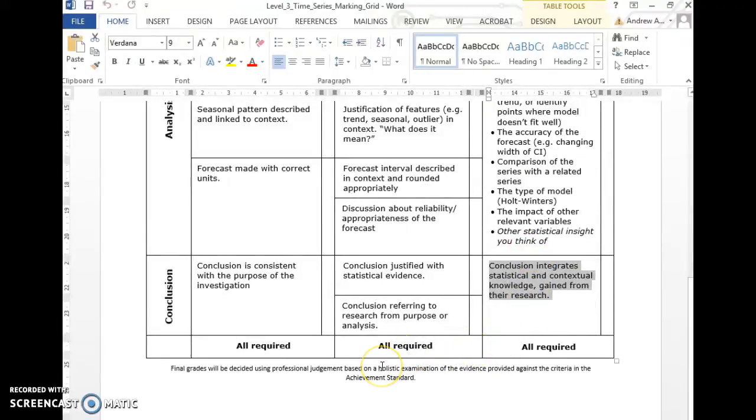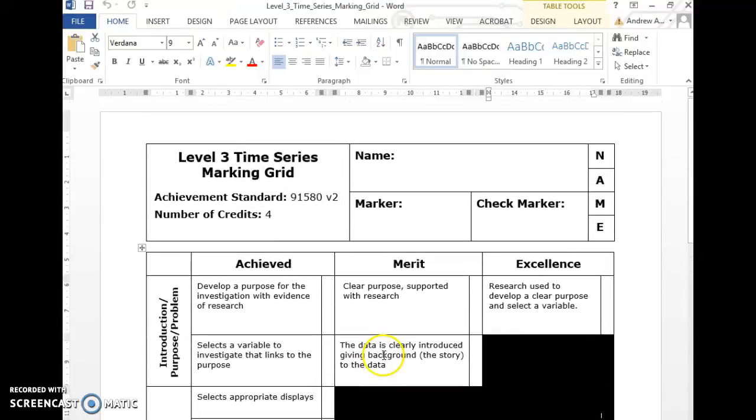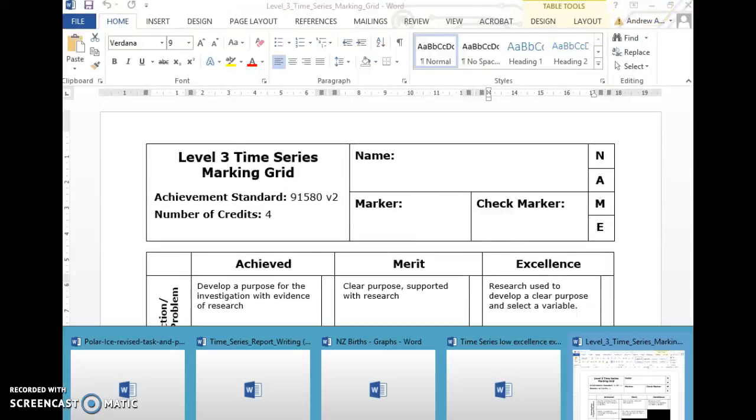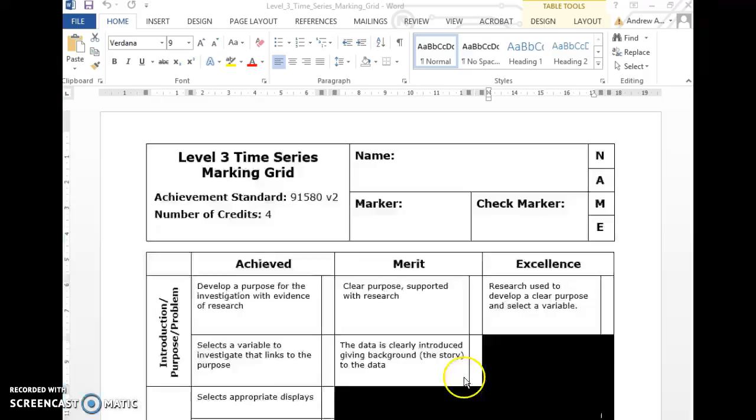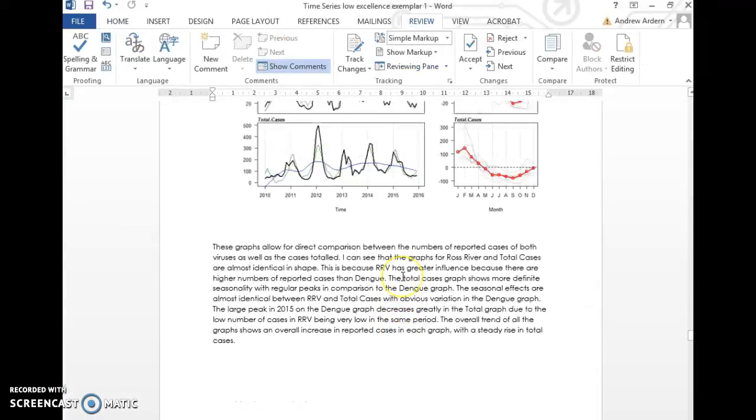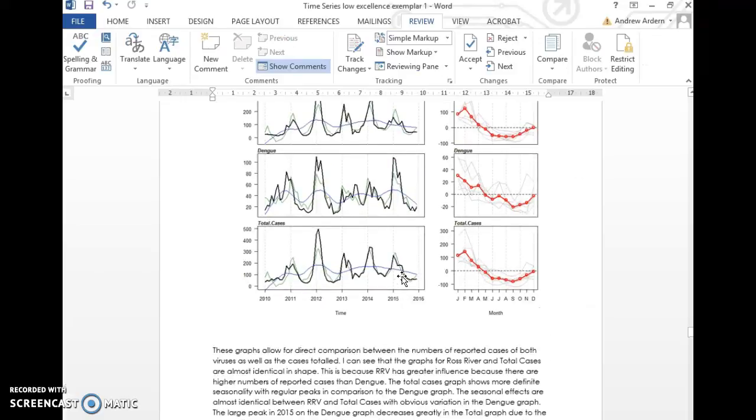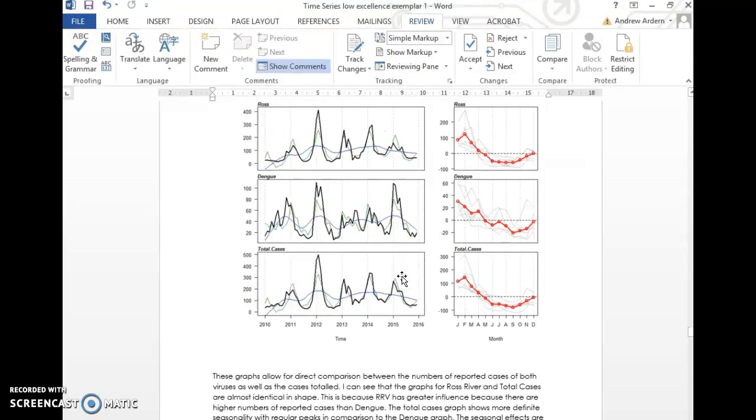So that there now I've put on Schoology. You can have a look at it. And one thing just to show you on the exemplar, this is an exemplar of a low excellent. This student has actually done 3 time series graphs. One's Ross River fever, one's dengue fever, and then this is the total of Ross River and dengue fever.